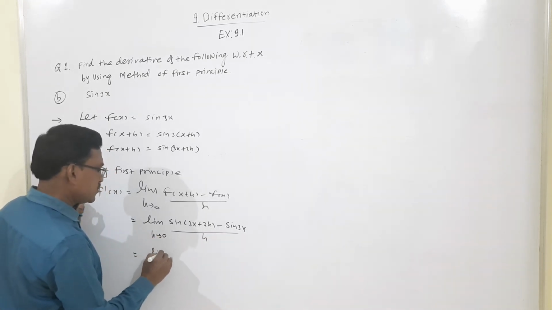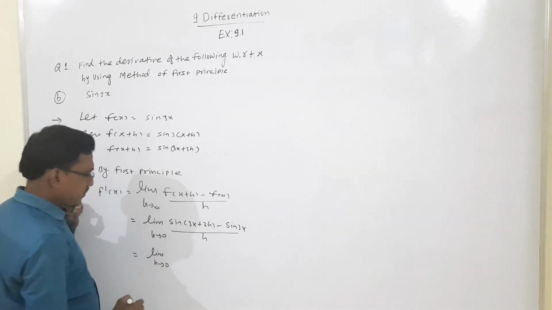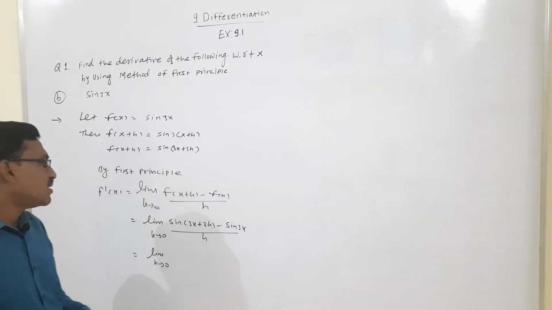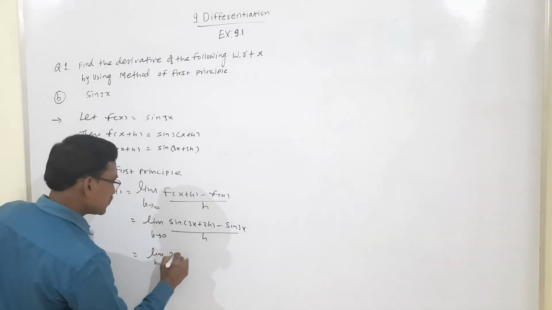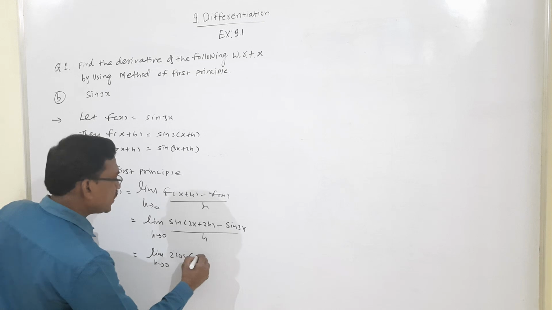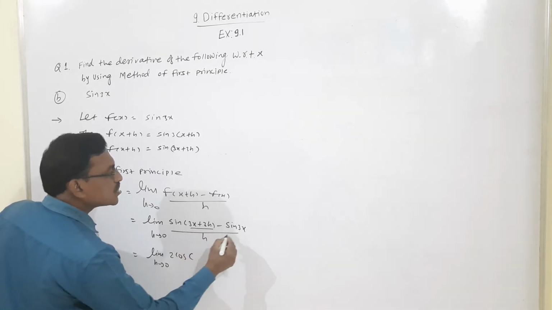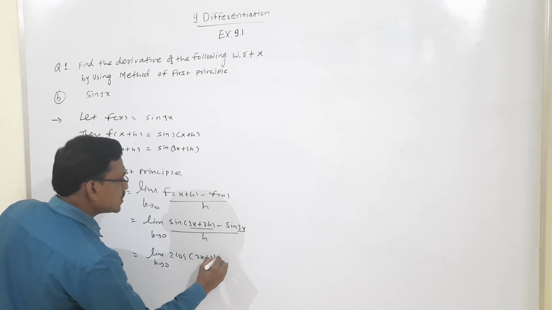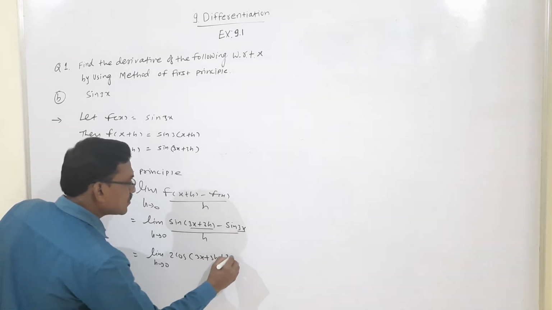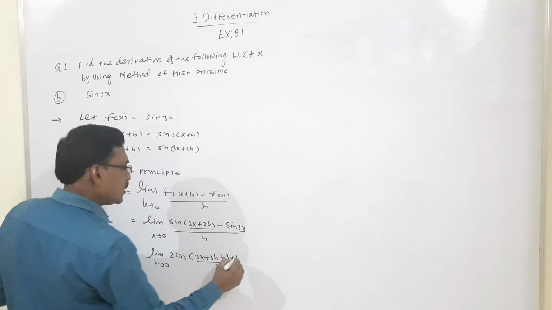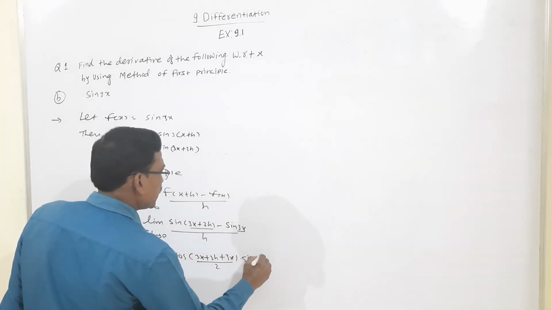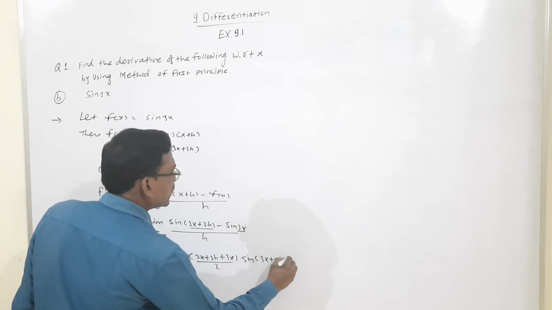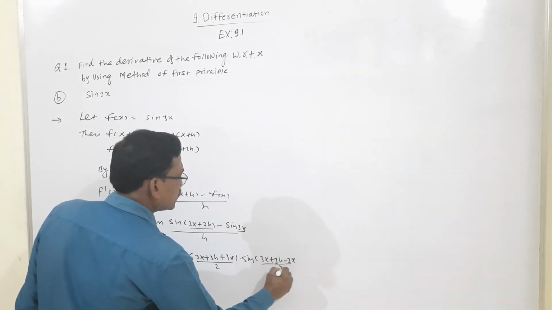Here we use the formula for sin a minus sin b. It is 2 cos of (a plus b) by 2, into sine of (a minus b) by 2. A means 3x plus 3h and b means 3x. So a plus b is 3x plus 3h plus 3x, by 2, into sine of a minus b, that is 3x plus 3h minus 3x, by 2.